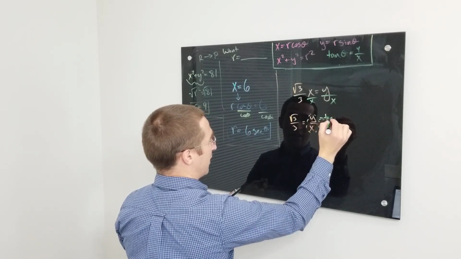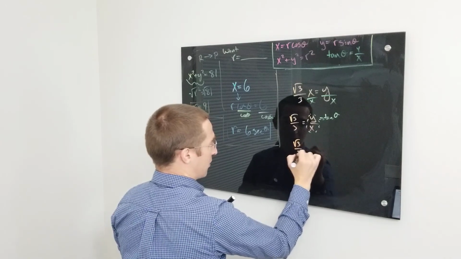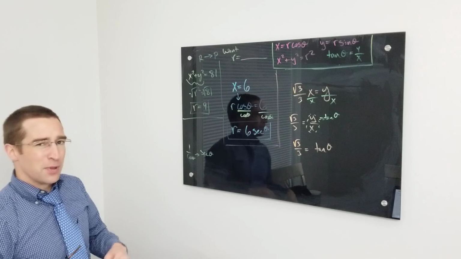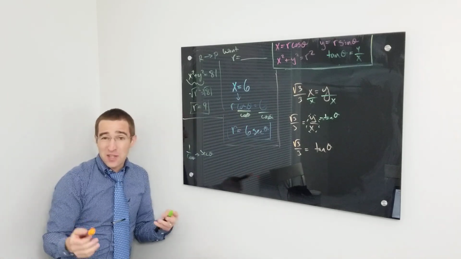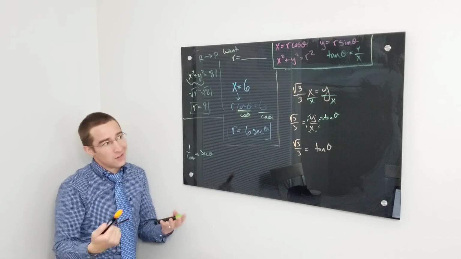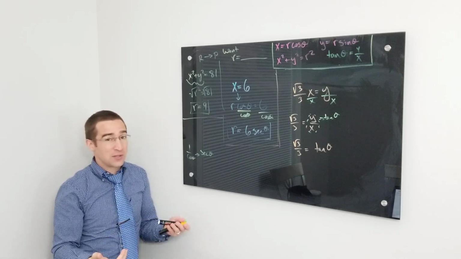That's just tan theta. So I can say root 3 over 3 equals tangent theta. But I don't want tangent theta equals, I want theta equals, since there's no r. I prefer to have r equals, but here r just doesn't show up. So what I'm going to do is get rid of that tangent. How do we get rid of tangent?